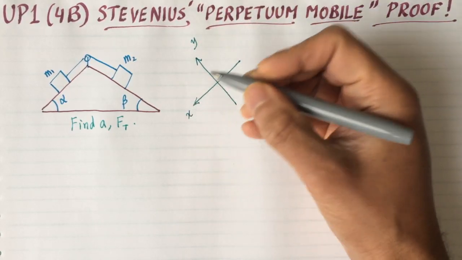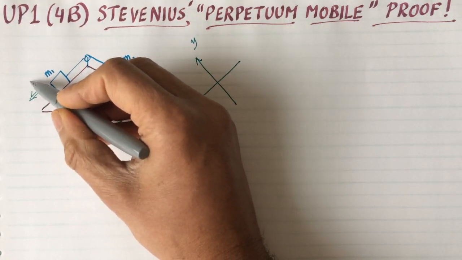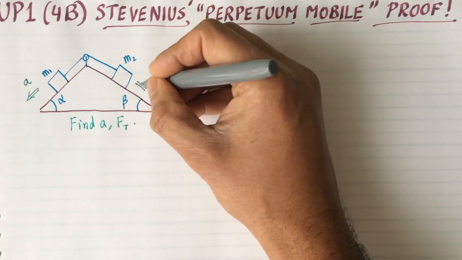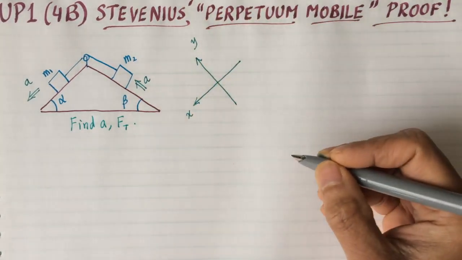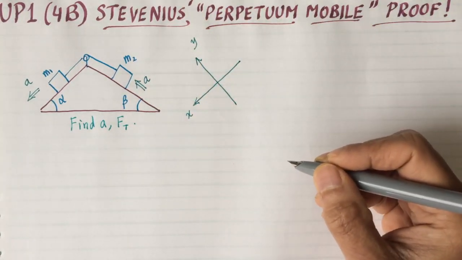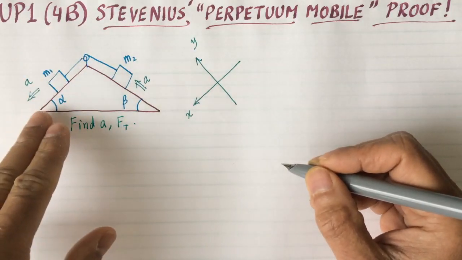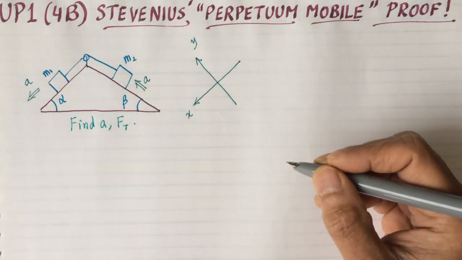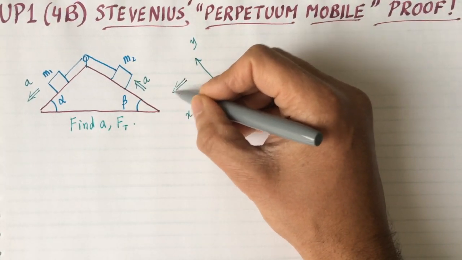Let's just suppose that m1 is heavier in some fashion, so it makes the mass slide down there and pulls up m2 along this incline. By the way, it doesn't really matter if you assume that m1 has this property or m2 has the property to make the acceleration go that way. I'm just arbitrarily choosing a direction to solve the problem.